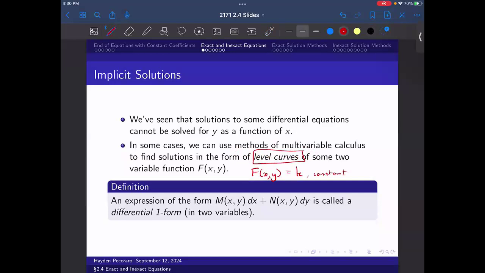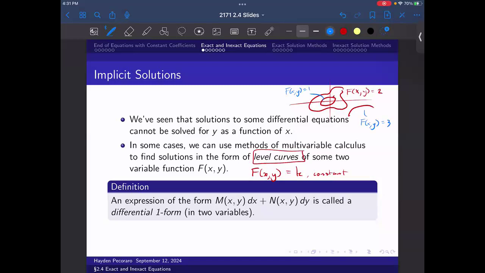So it's all of the points x, y in the xy plane where f of x y is maybe equal to 2. And then maybe here you have f of x y equal to 1, and out here f of x y equal to 3.